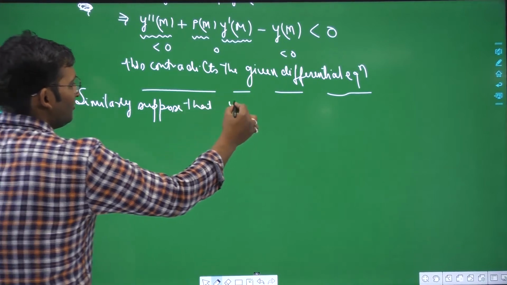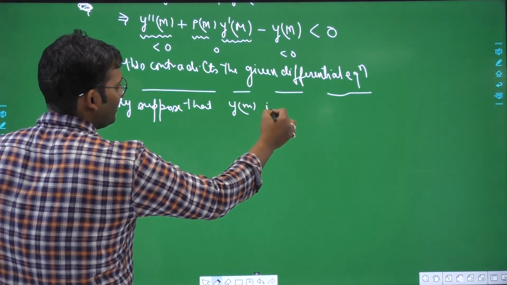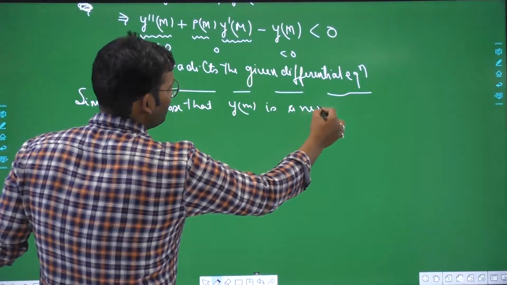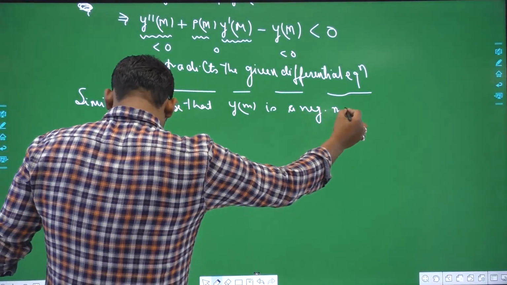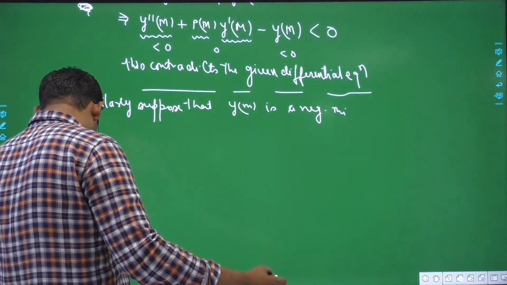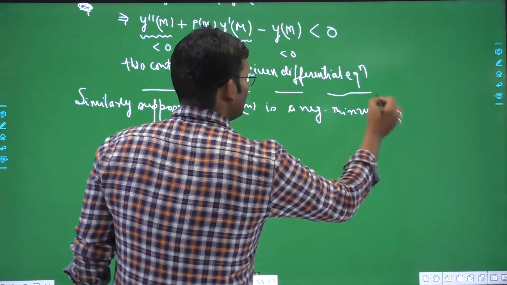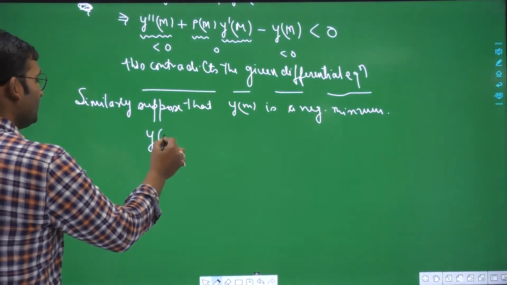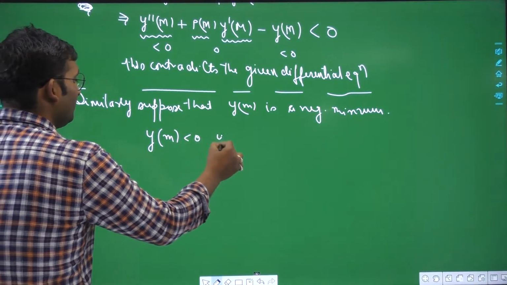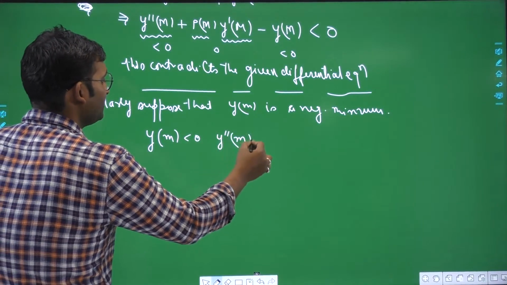And similarly, suppose that y(m) is a negative minimum. So if at all it has a negative minimum, that implies y(m) will be less than 0 and y double dash m will be greater than 0.